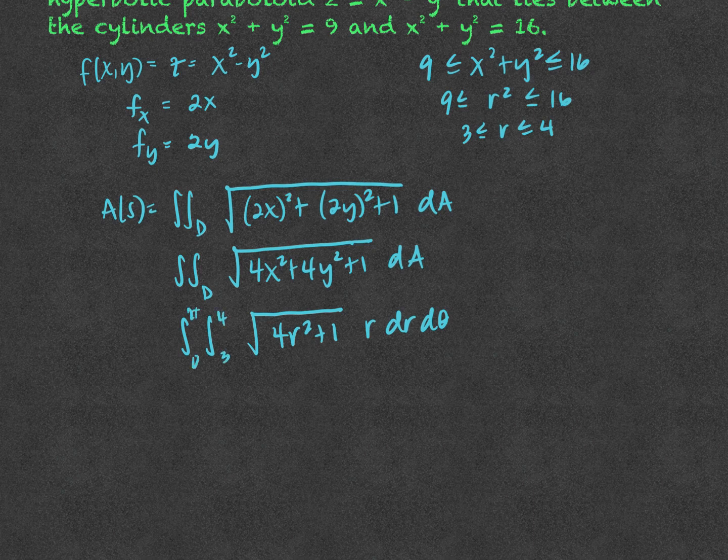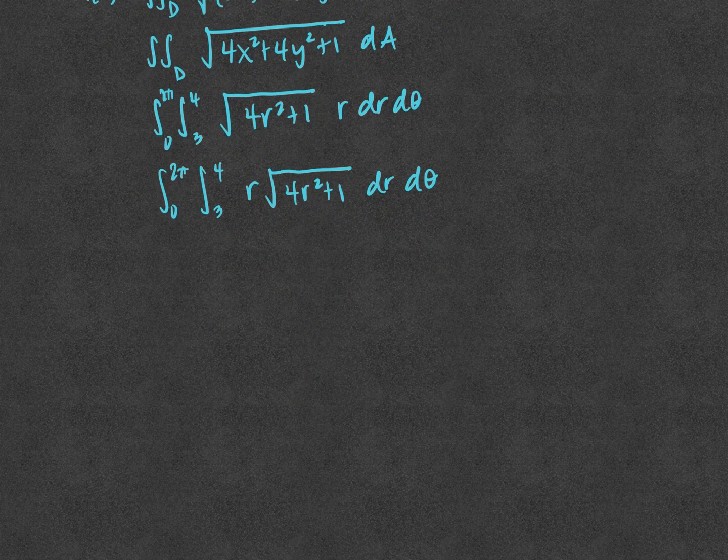So let's keep this 0 to 2 pi, and when we integrate r, let's go ahead and say the integral from 3 to 4, and rewrite it to be r times the square root of 4r squared plus 1, dr d theta. It's a little easier to work with there. And we're going to use u-substitution.